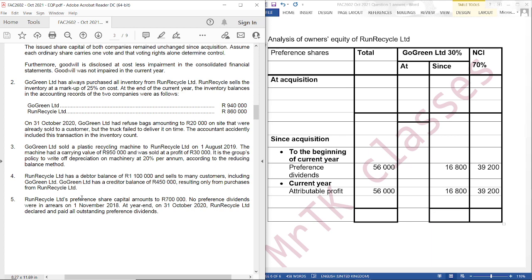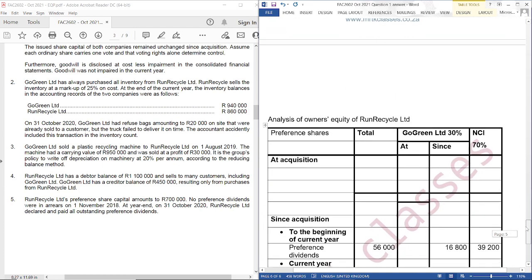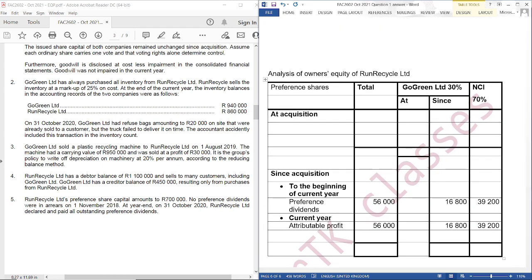Okay, so before we declare our dividends here, before we record the declaration of dividends, let's journalize these two amounts that are under NCI. We can see that we have 39,200 there, and it is between since acquisition up to the beginning of the current year, right?